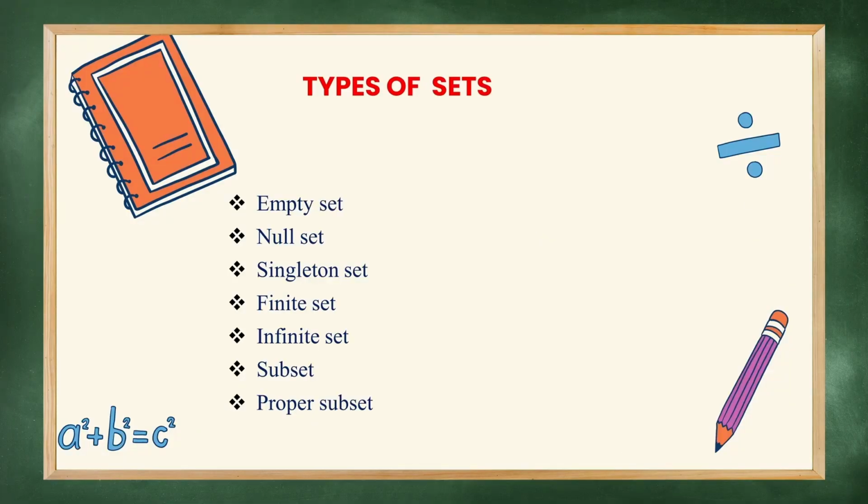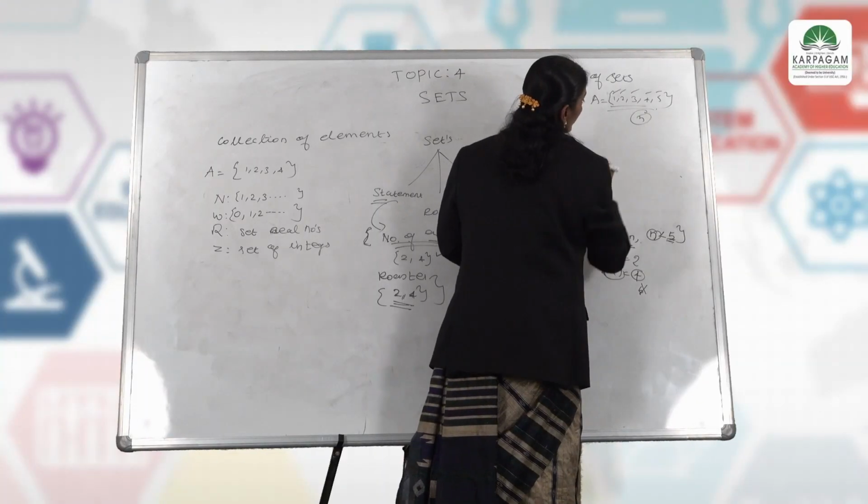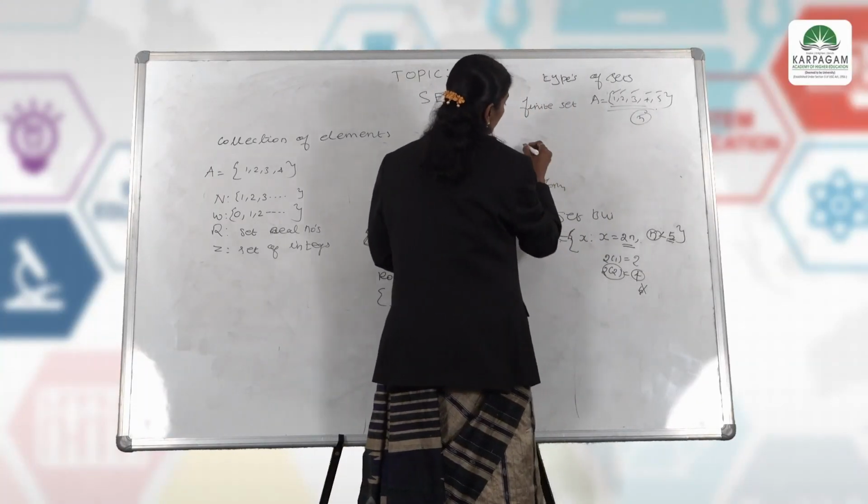Now we have discussed the forms of sets. Types of sets. First one is the finite set. Suppose A = {1, 2, 3, 4, 5}. Here we can count the number of elements inside the set, so there are 5 elements. Since the count is finite, this is a finite set.